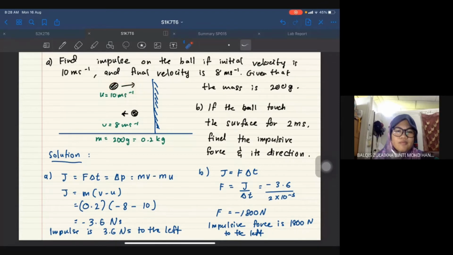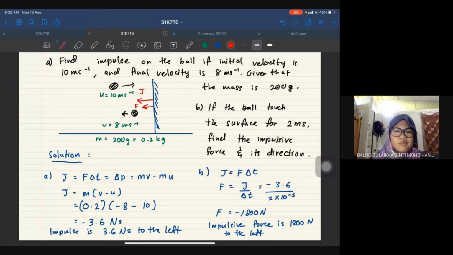So it is actually normal to the surface. If I want to draw it over here, both my J and my F is in the same direction, and both of these is to the left. Okay, normal to the surface.